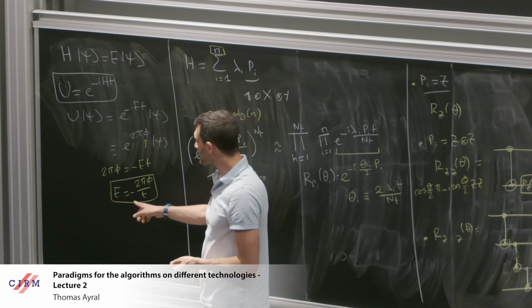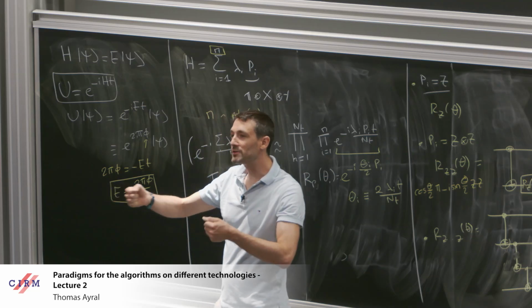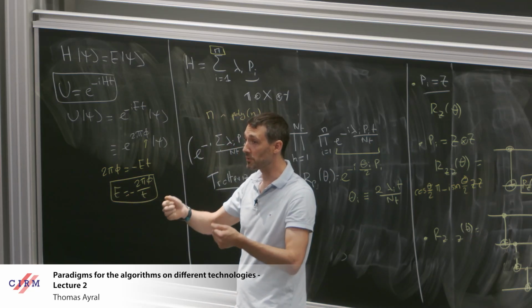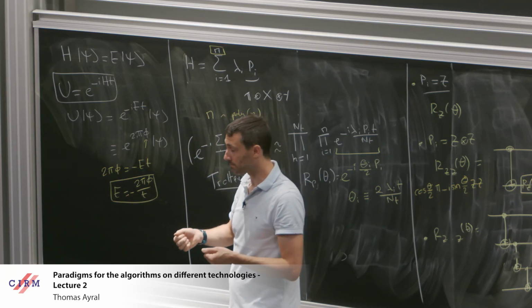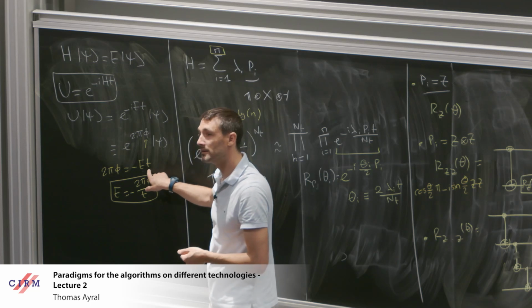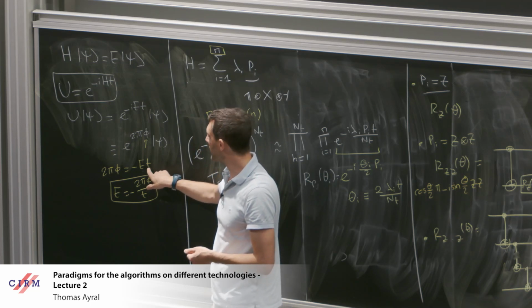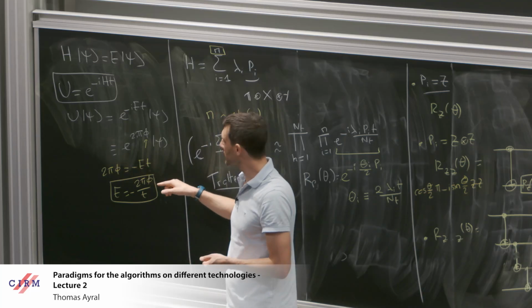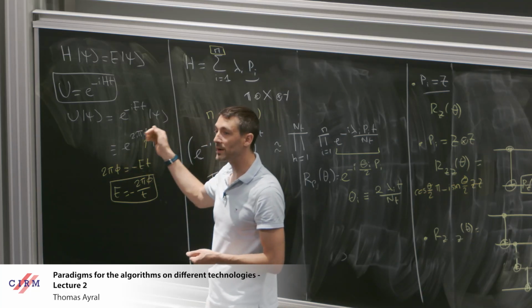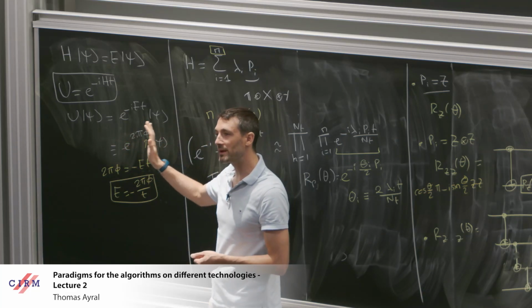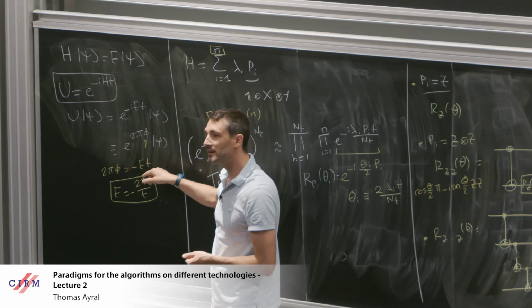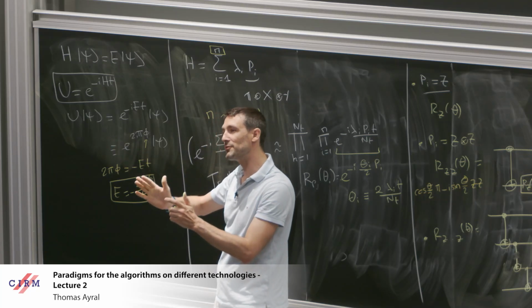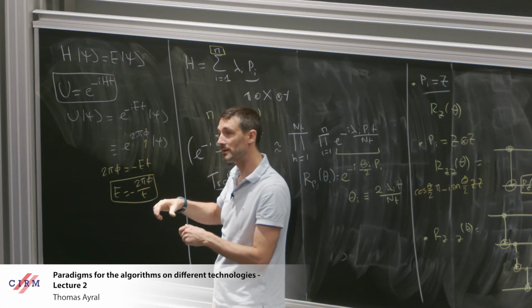So for phase estimation, you need to have an estimate of where your energy should be, so what is the range? So you need to have a lower bound and an upper bound of the energy in order to fix T. And in fact, you have even to do better, because if you have negative phases, you'll be in trouble too. So what you need to do is shift all the energies by a constant shift to make them all negative, and then fix T to all make them within a given range so that you fall between 0 and 1.